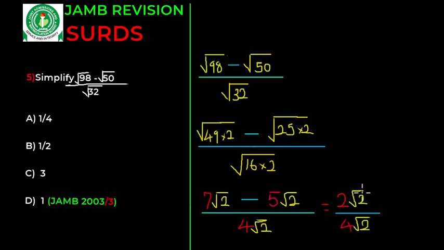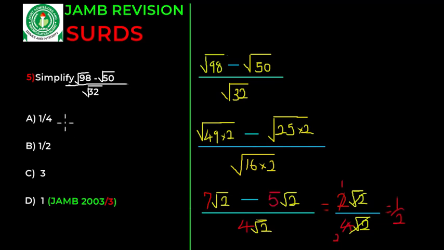The square roots here are just like coefficients, so you can cancel out square root, you cancel out square root. Then we now divide this. 2 cancels itself 1 time, and 2 comes into 4 2 times. So the answer will be equal to 1 all over 2. That's the answer, 1 all over 2.